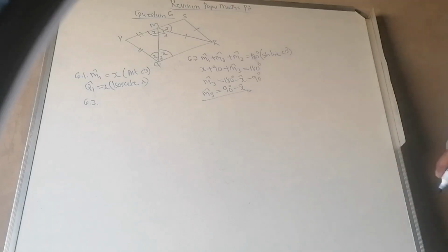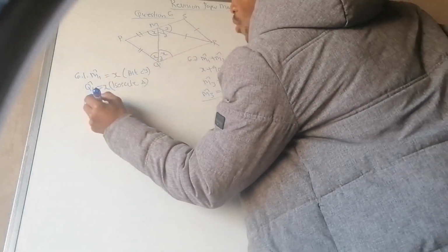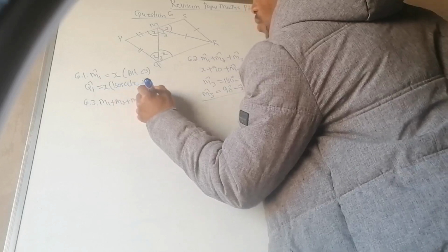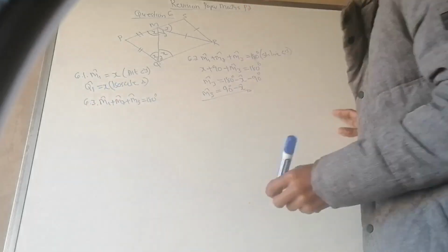So M3 is 90 minus X, the value of M3. But M1 plus M2 plus M3 is 180. Already I have said that.